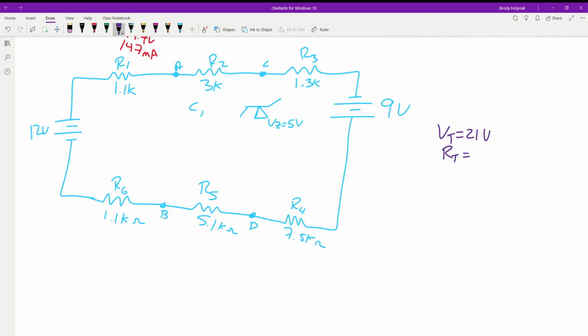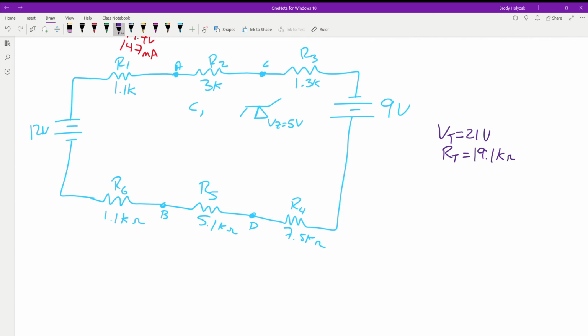Our total of this circuit is all of those in series, because all of our branches are now gone. They're opens. So we have 1.1K, 3K, 1.3K, 19.1. So 19.1K.